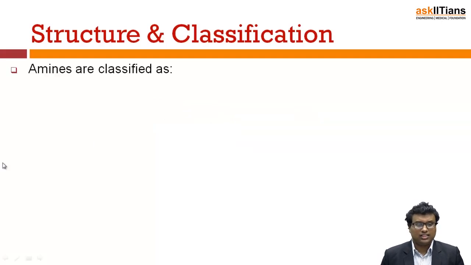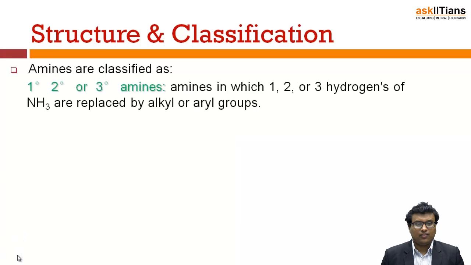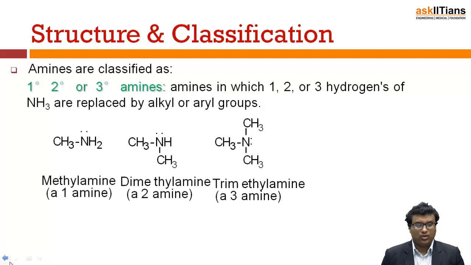So amines are classified as 1 degree, 2 degree or 3 degree amines. That means the amines in which 1, 2 or 3 hydrogens of NH3 are replaced by alkyl and aryl groups. So you can see here CH3NH2.